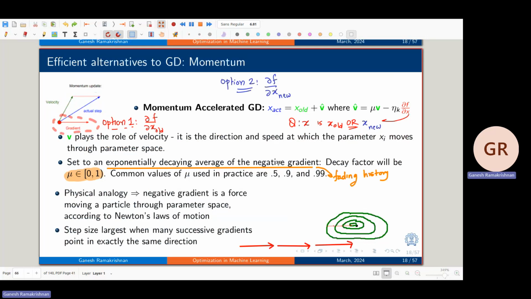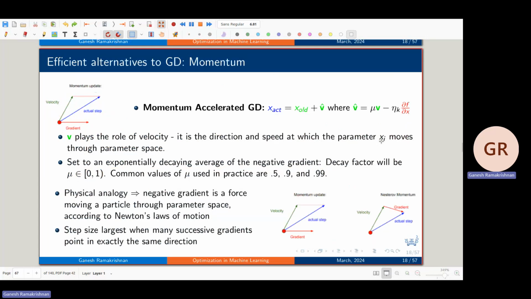Option 1, I'll have a slightly larger step size. Option 2, I've already accounted for the momentum, so I'll be a little careful. So this X can be old or new. Each choice gives you a very different algorithm.